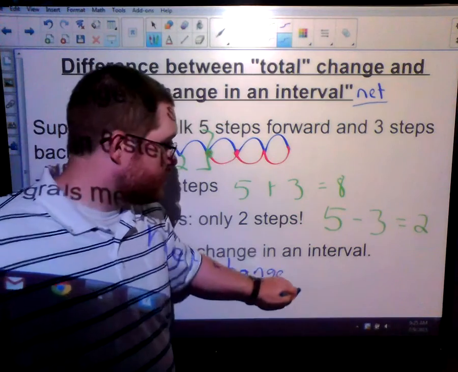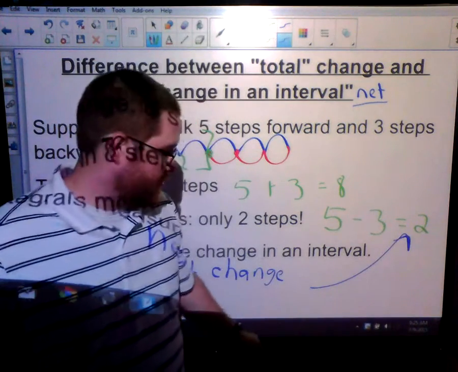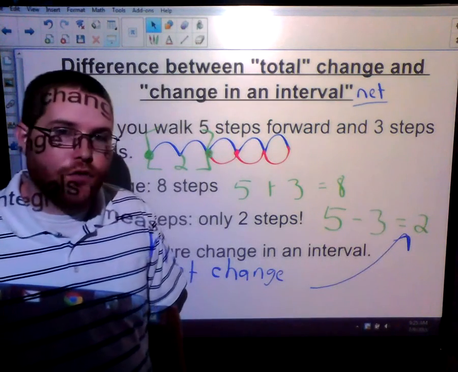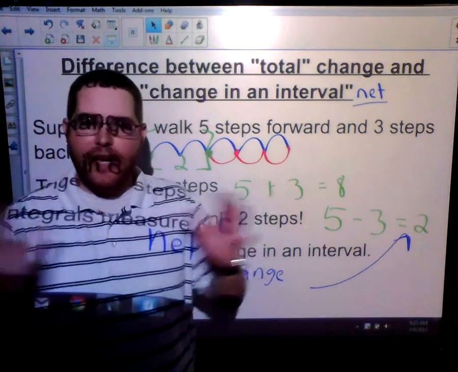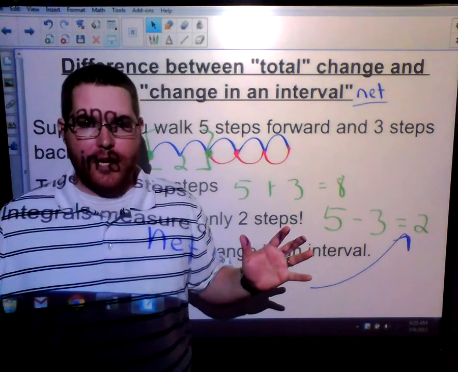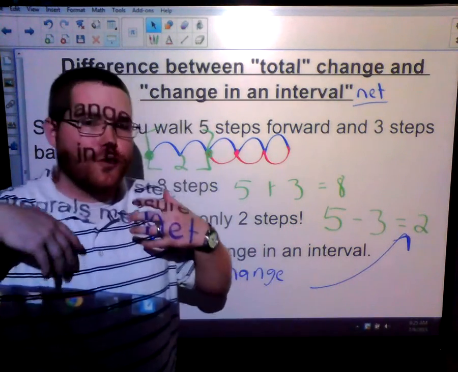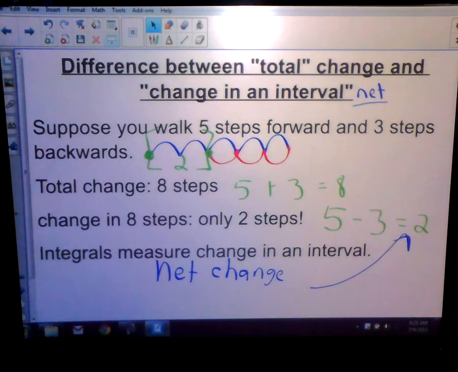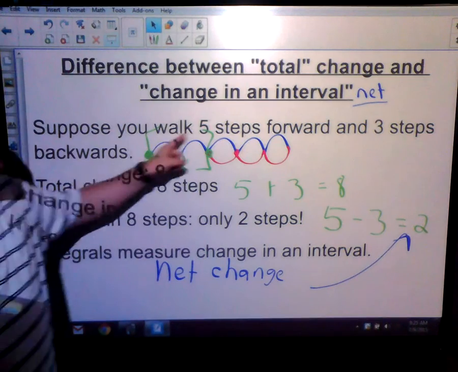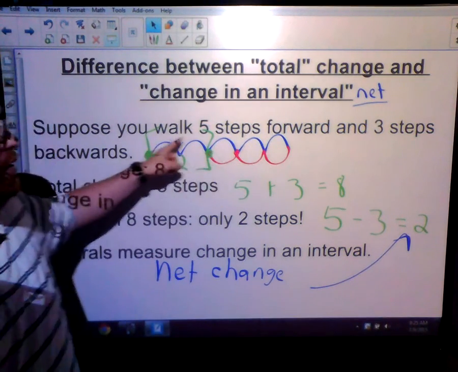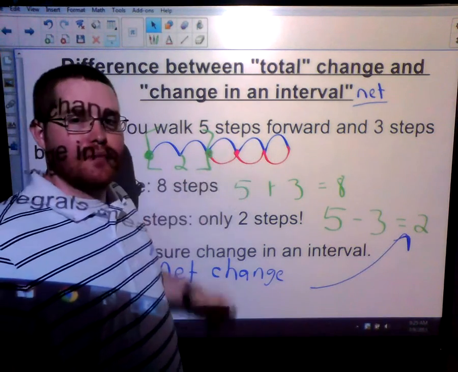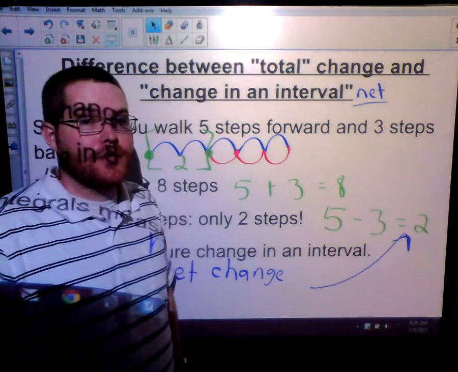An integral gives you that answer. It's how much it's changed over time. I don't care what happened between the first step and the last step. I want to know how far you are from where you started. Net change. Net change. What makes this not just be 8? These 3 negative steps. Negative numbers mess up total change.